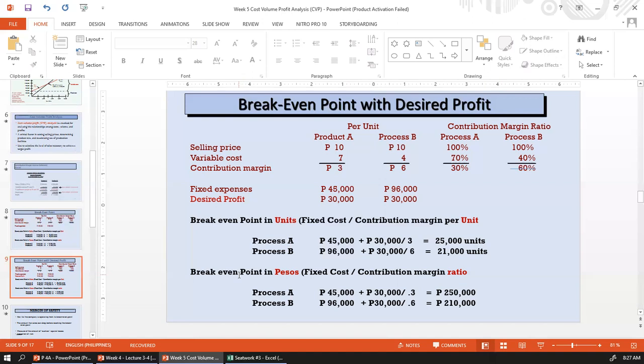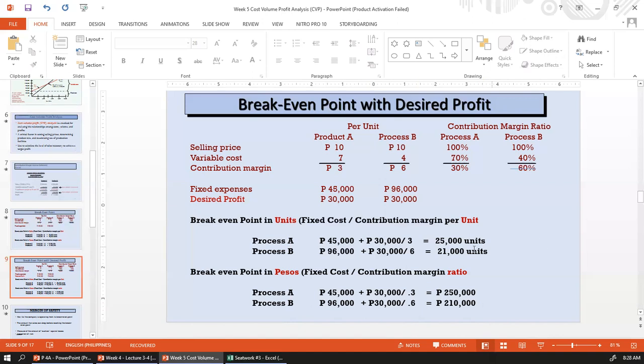Now, for the sales in pesos, your fixed cost plus desired profit divided by your contribution margin ratio will give you sales of 250,000 pesos. The same with product B, your fixed cost plus desired profit divided by your contribution margin ratio will give you sales of 210,000 pesos.